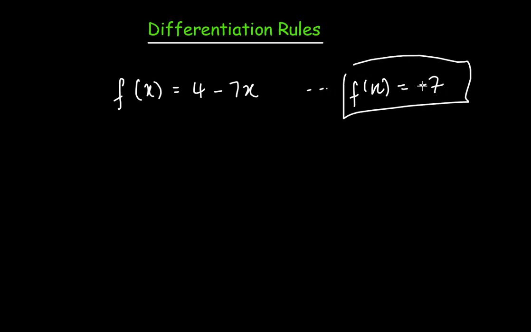Now we can get the exact same solution from using differentiation rules. We have 3 of them, but according to me there are just 2.